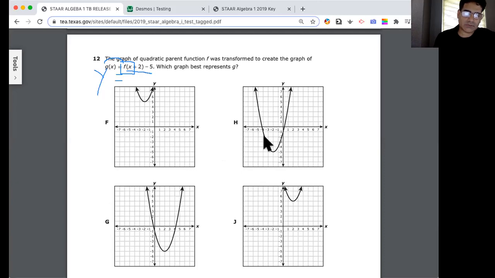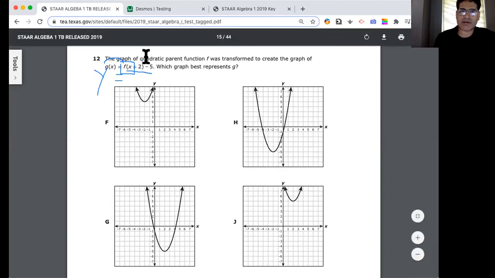We use the name parabola for this, but we don't even have to say that. What we have to recognize is, look at the question, the quadratic parent function f, the quadratic. So what I have to remember is that when I see that, I'm actually not looking at a line, and it's obvious from the graphs, right? Quadratic functions, we're now talking about parabolas.